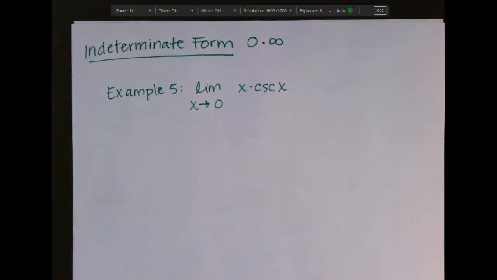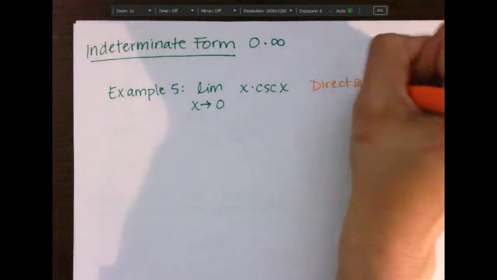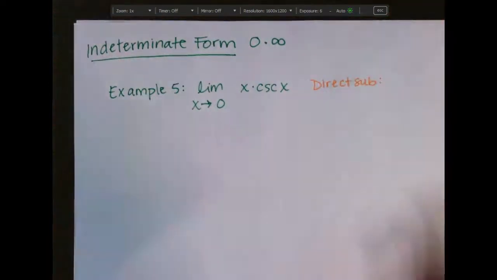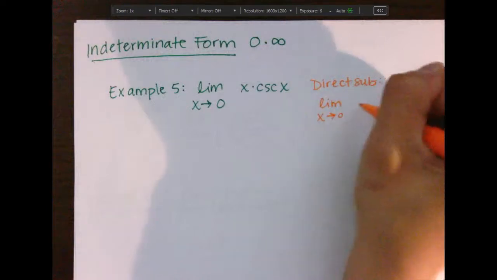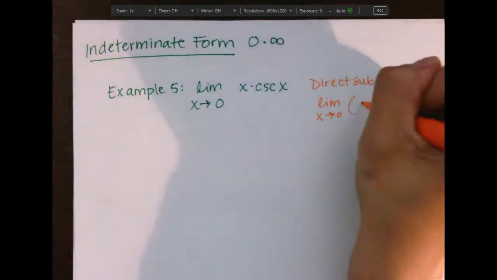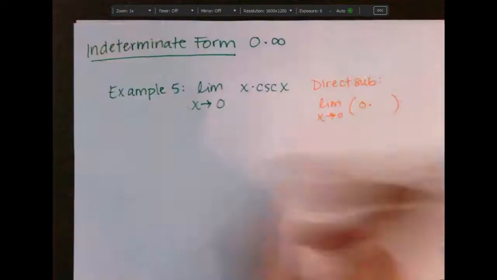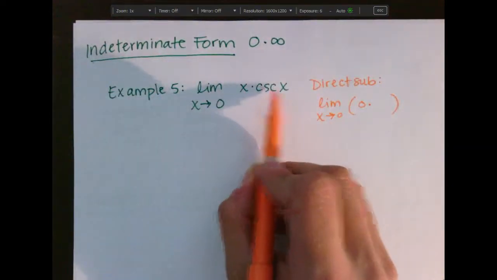So, using direct substitution here, we get the limit as x approaches 0 of 0, if I plug 0 in for x, I get 0, times the cosecant of x.